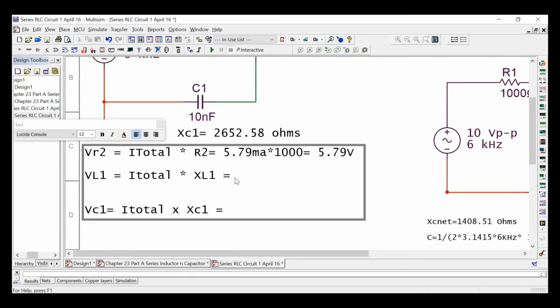Okay, you guys do the ones for VL1 and VC1. For VL1, I think I got 7.2 volts. Sounds good.